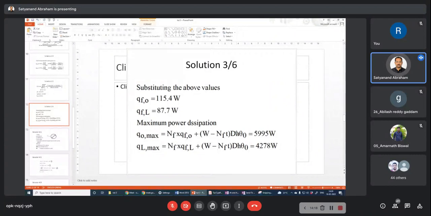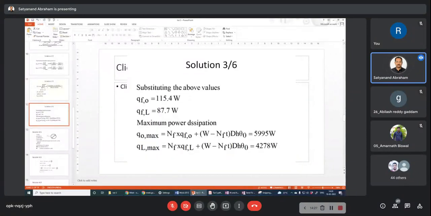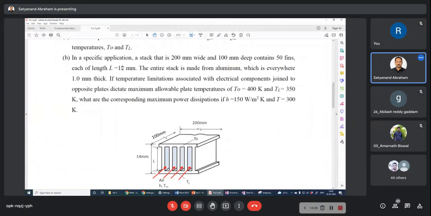Without writing this down, it is a bit difficult to understand, so that's why I'm explaining and making sure everyone is getting it. That's how we can find the maximum possible power dissipation. Maximum possible means whatever power is dissipated from the fin plus whatever from the no fin area.